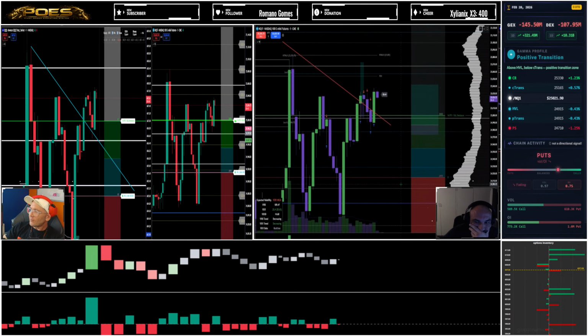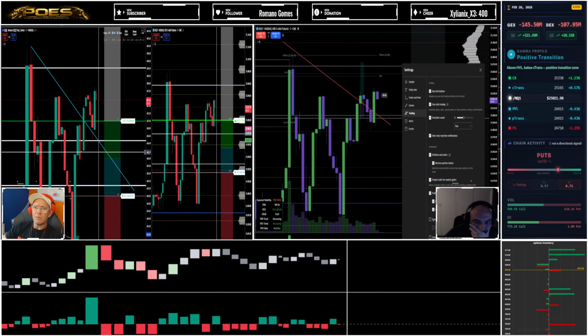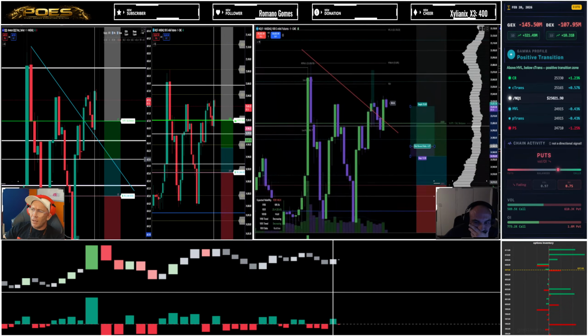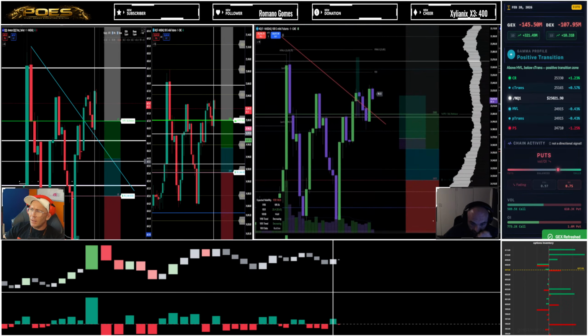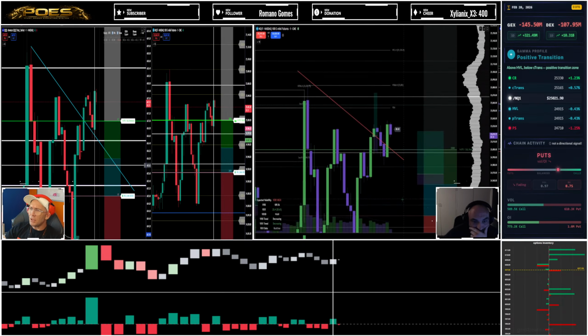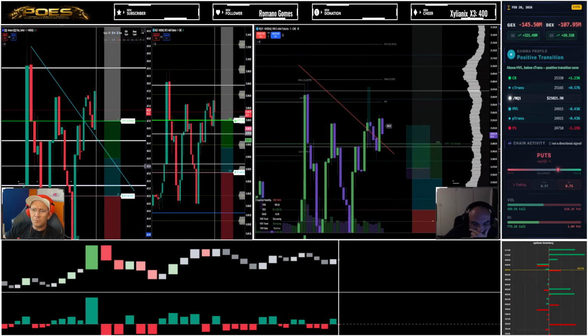Alright. We are in a positive transition. So I'm looking at Tanuki Trade. Tanuki Trade showing me call resistance.